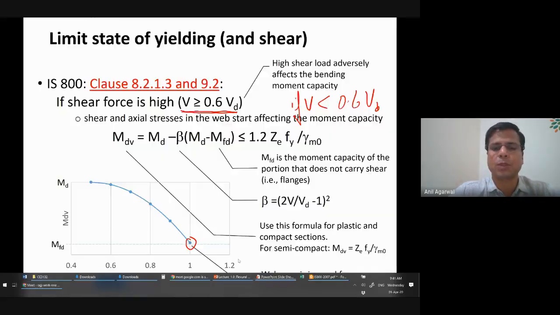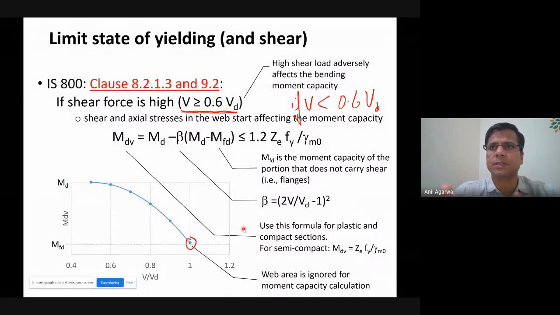However, if the shear demand is more than 60% of the shear capacity, then you have to take a certain portion of the contribution from the web and full contribution from the flange. If V is equal to VD fully, then you completely ignore the contribution from the web and take only the contribution from the flanges. And anything in between, you need to interpolate using this beta formula.